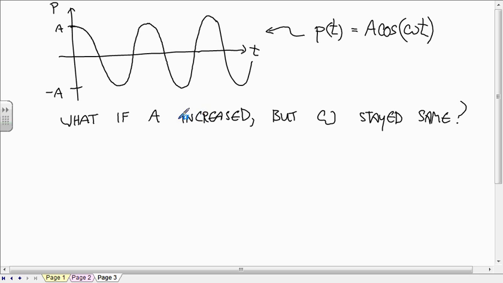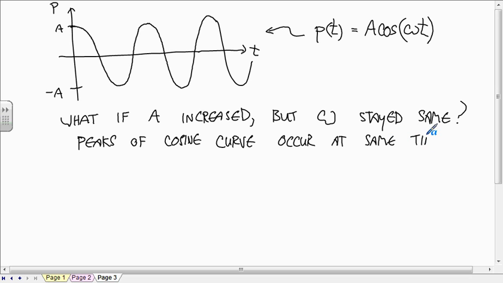So if you increased A, but omega stayed the same, the peaks of the cosine curve occur at the same times, but they're greater.